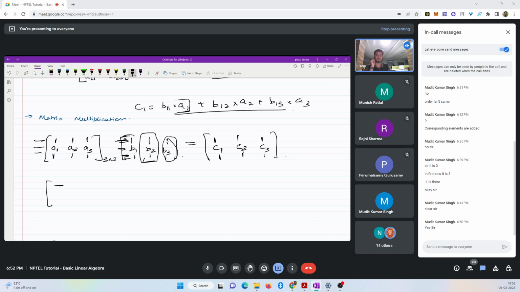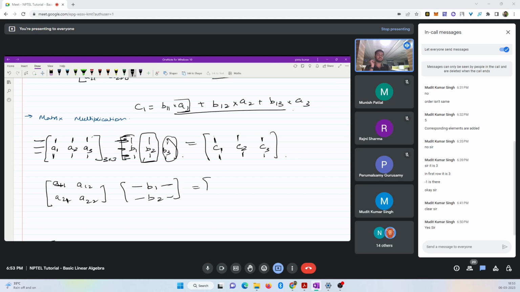Let's say this is A11, A12, A21, A22, and you want to multiply it with something like B1, B2.